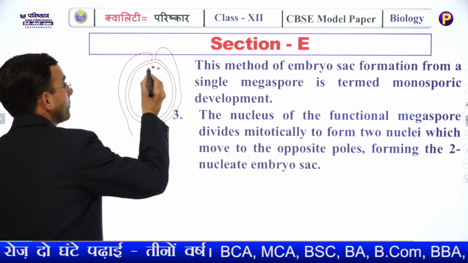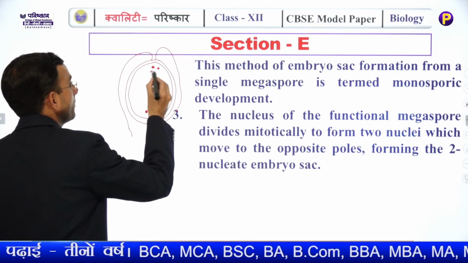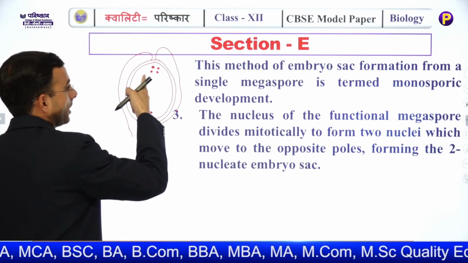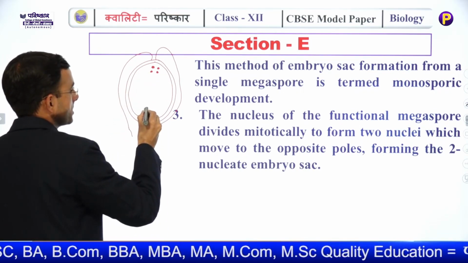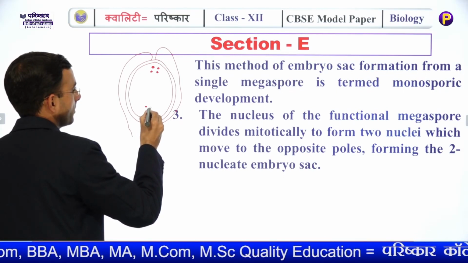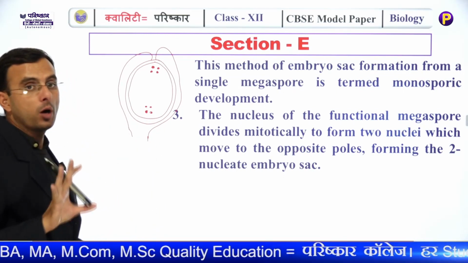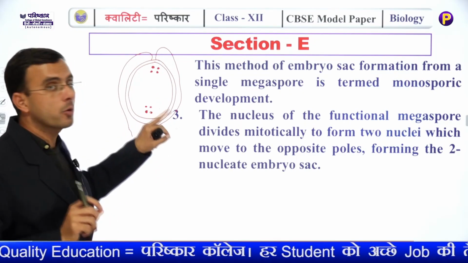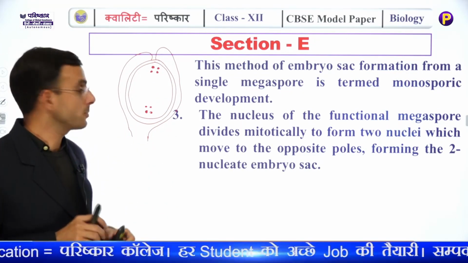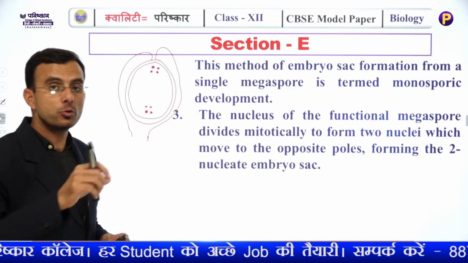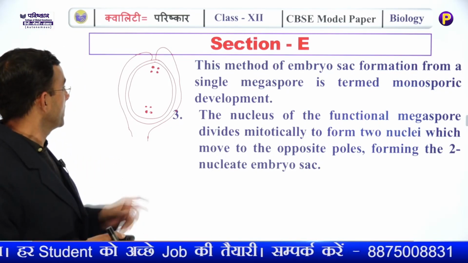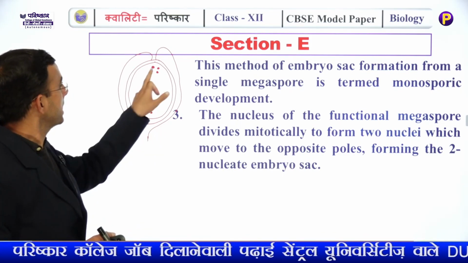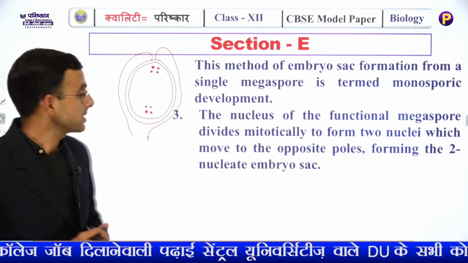After this there is one more division, and another 2 nuclei are formed in this region, and another 2 nuclei in this region. So ultimately in the developing megaspore, which is converting into the female gametophyte, there are 8 nuclei, 4 on this side and 4 on this side.